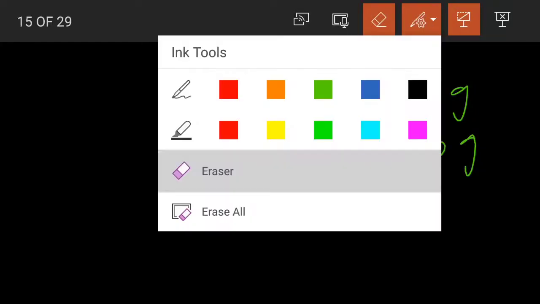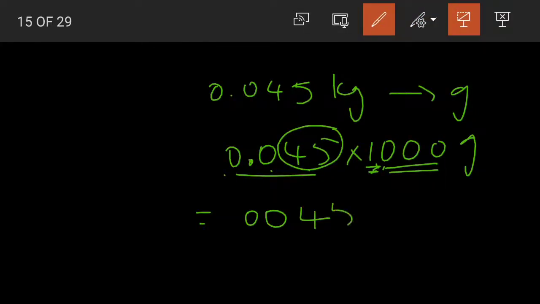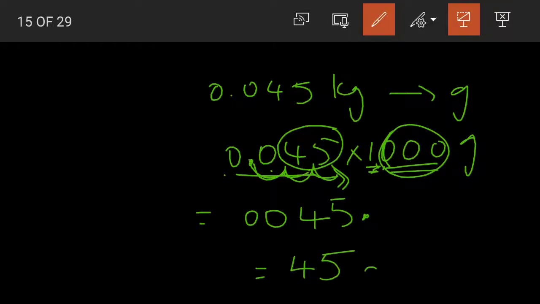Now coming to the point. We have 3 zeros here, so the point will move 3 digits to the right. 1, 2, 3. So we'll place our point after 5. That is equal to 45 grams. 0.045 kilograms is equal to 45 grams.